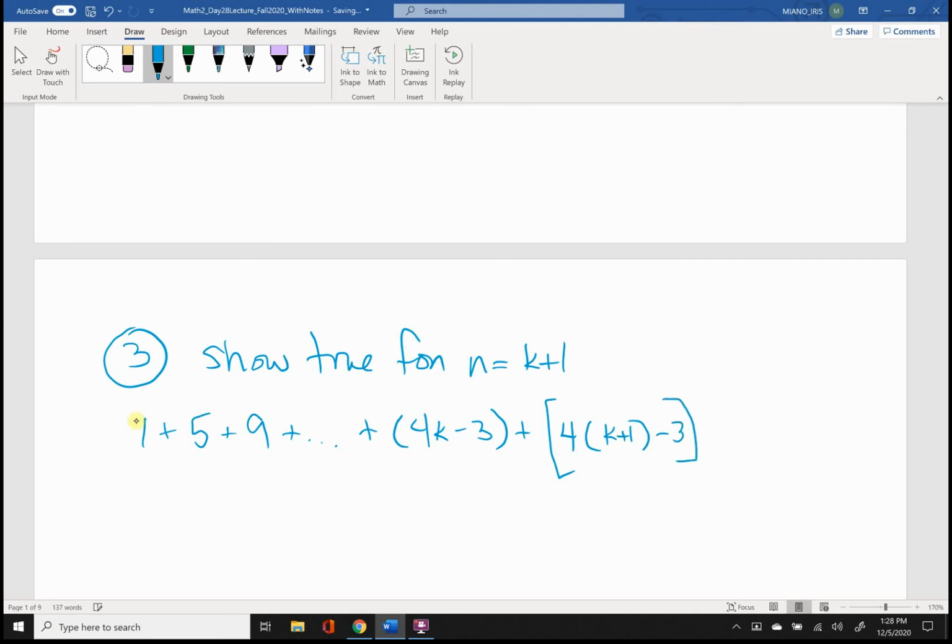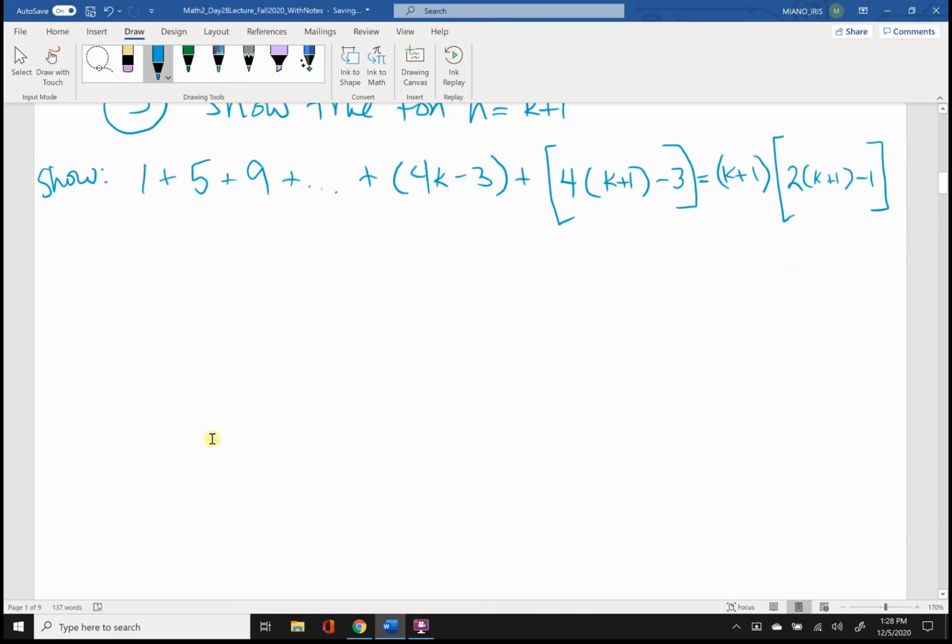Okay, and that's supposed to be equal to not just k, but k plus 1 times 2 times k plus 1 minus 1. So this is what we're trying to show. So we're essentially showing this is true. And so here's where the algebraic trickery comes into play.